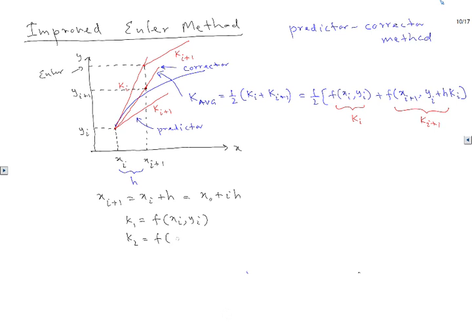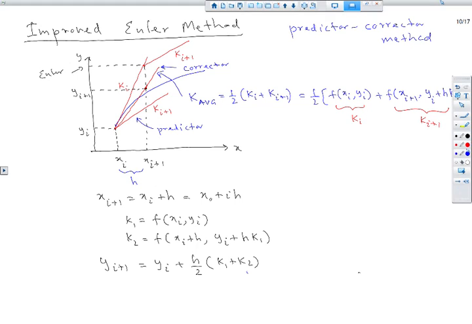Here it is x i plus h, the next step, and here it is y i plus h k1, coming from the previous step. You can see that's a k1 you already calculated, so you put that there. Your new y i plus 1 is simply y i plus the average of the two slopes, h over 2 times k1 plus k2. This is what we call the improved Euler method.